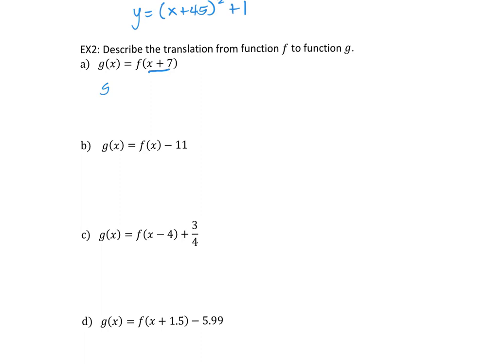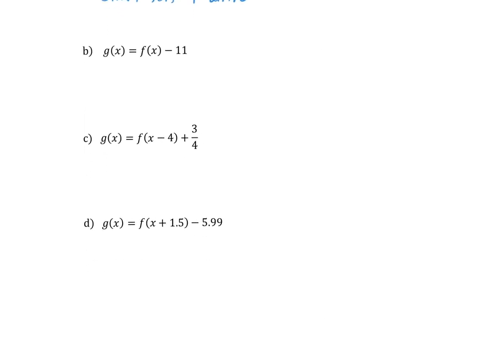So this is just a shift left 7 units. Part B, g of x is equal to f of x minus 11. So notice that we're subtracting 11, but whatever this function is, it remained unchanged.